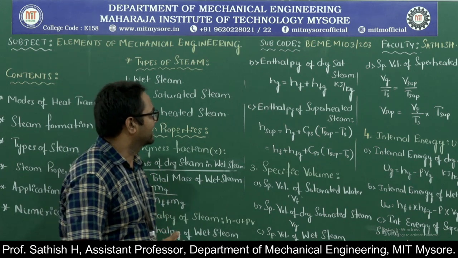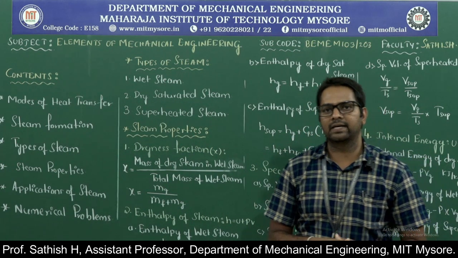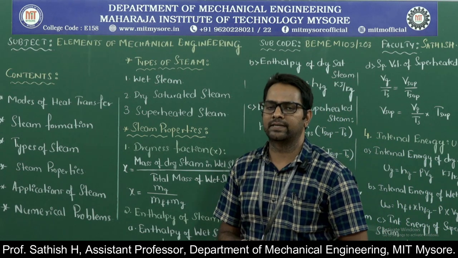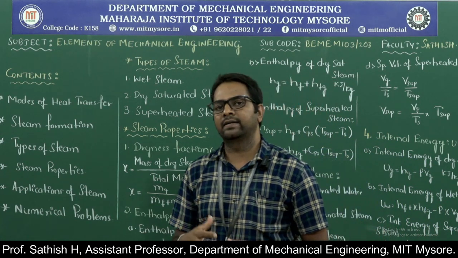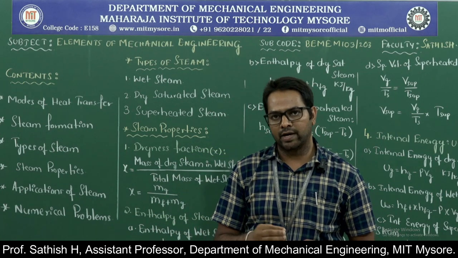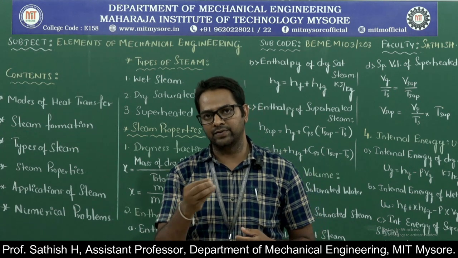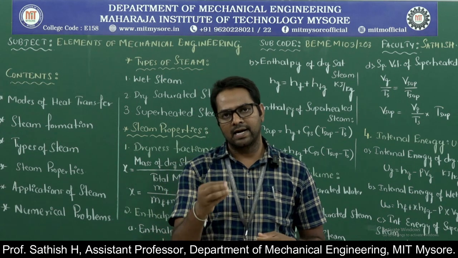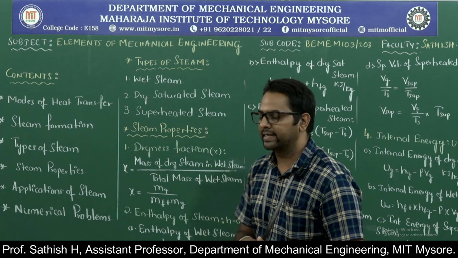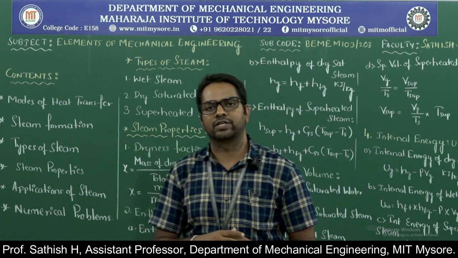Next is the enthalpy of the dry saturated steam. It is defined as the amount of heat supplied in order to convert 1 kg of water at 0 degree centigrade into 1 kg of dry steam at the corresponding pressure and temperature.